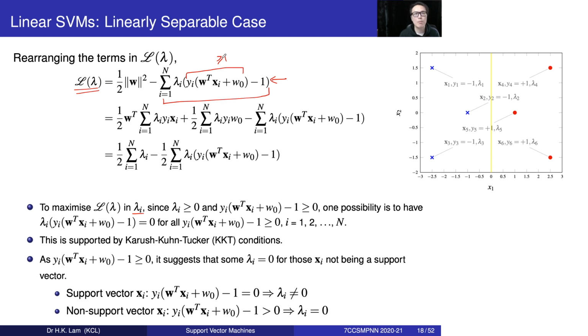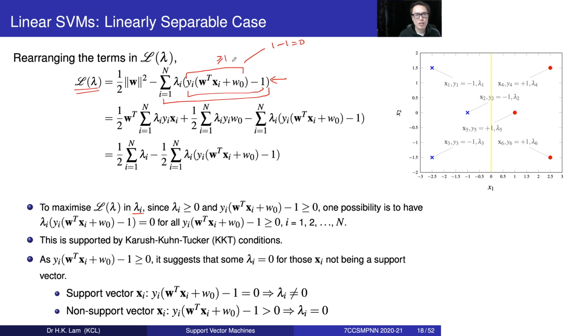If the samples can be 100% correctly classified, then this term will be greater than or equal to 1. So we have two cases. The first case is that it is 1, so 1 minus 1, this term will be 0.